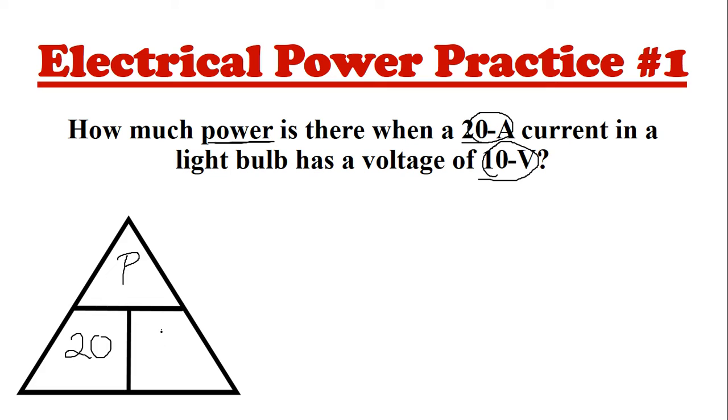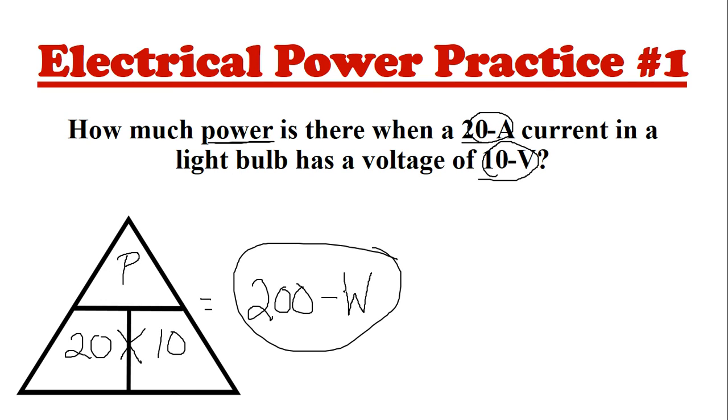The other side is voltage, that's 10. Numbers next to each other, we are going to multiply. 20 times 10, you get 200. Then we still need to give a unit. Since we're trying to find power, the unit is watts, and that's your answer. So 200 watts of power.